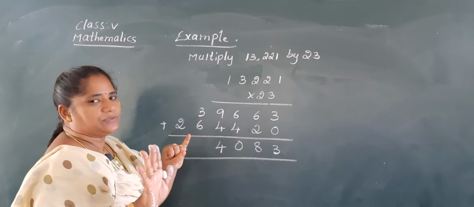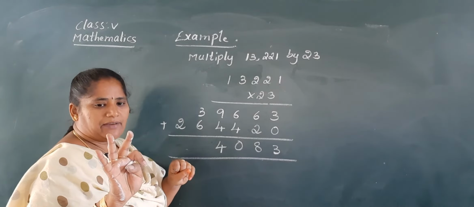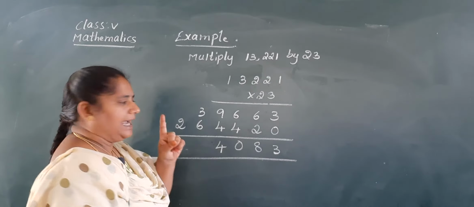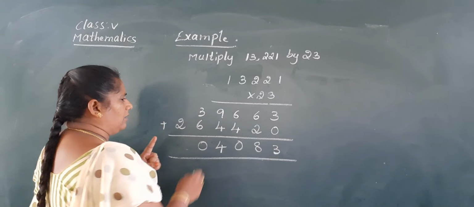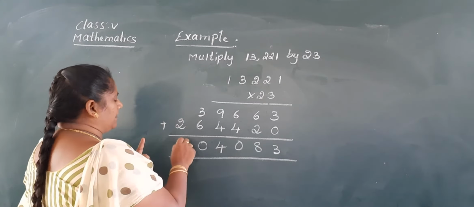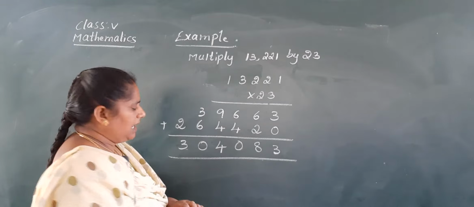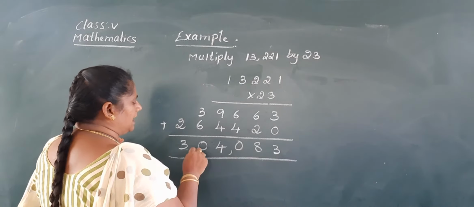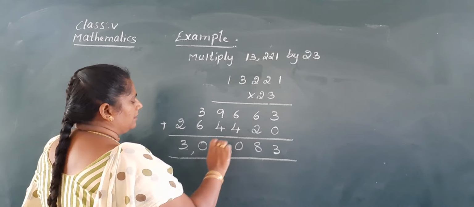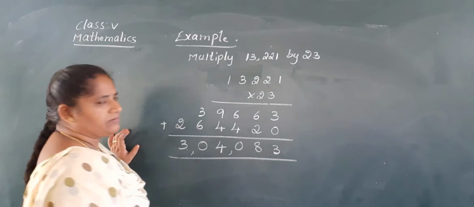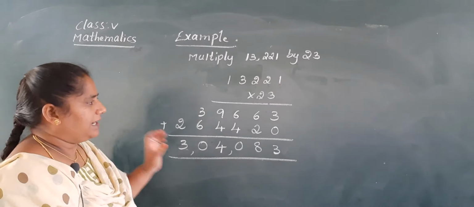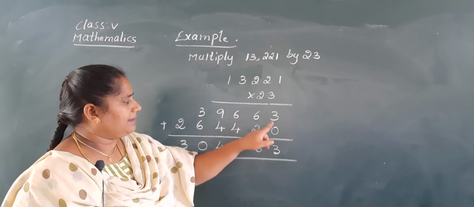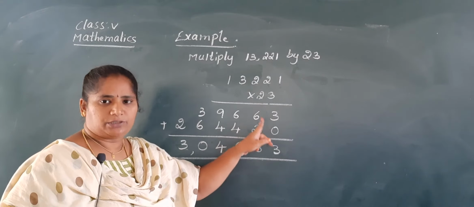Take 6 fingers, 4 after 5: 6, 7, 8, 9, 10. Again 1 in hand, 0 is down. 1 plus 2, 3. Okay, so what's the answer? It is 3,04,083.